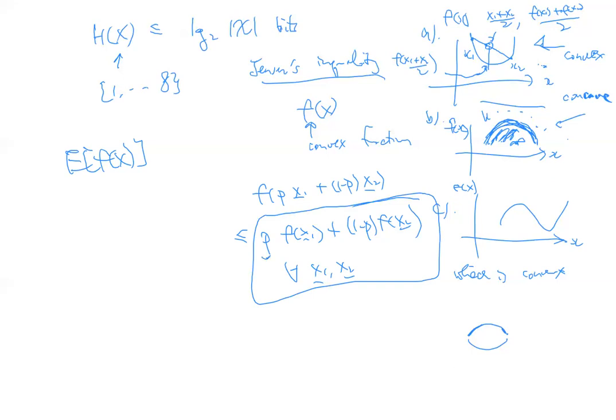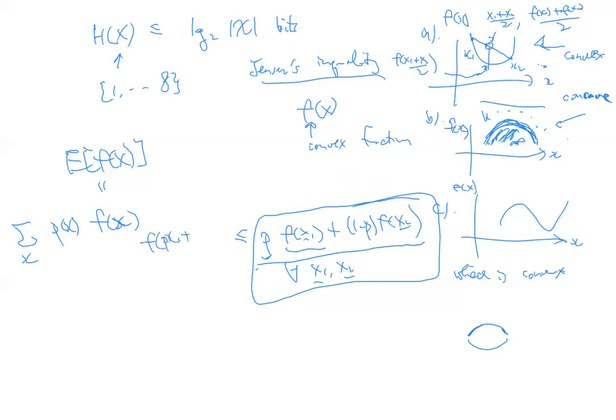You take a weighted sum of f values, so you have a bunch of f values, for example, the sum over x of f(x) p(x). So this is similar to, sorry, I don't know whether to say right hand side or left hand side now. If I write f(p x1 plus (1 minus p) x2) here, I can call this the left hand side now. So this is similar to the right hand side, right?